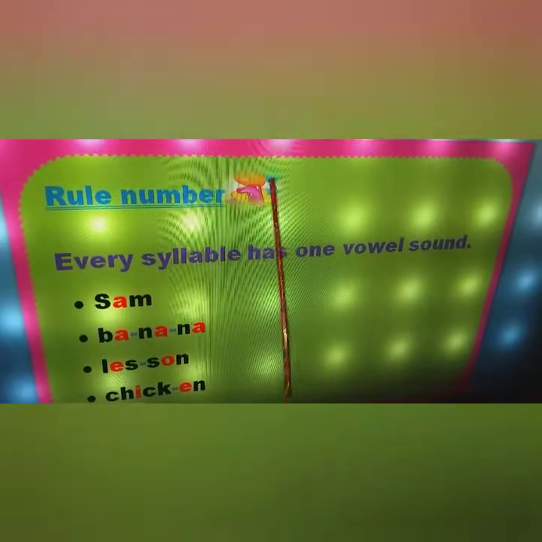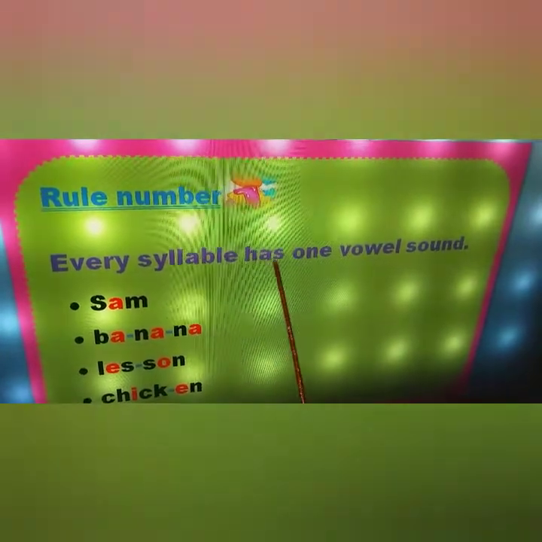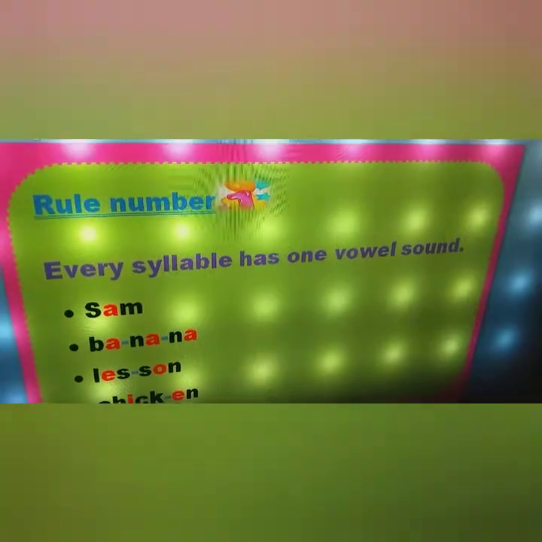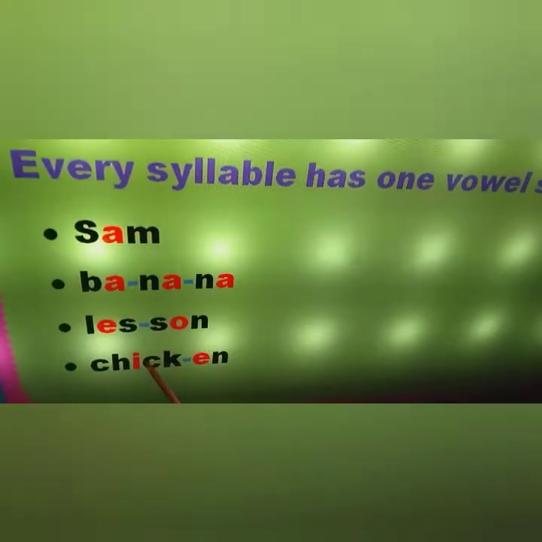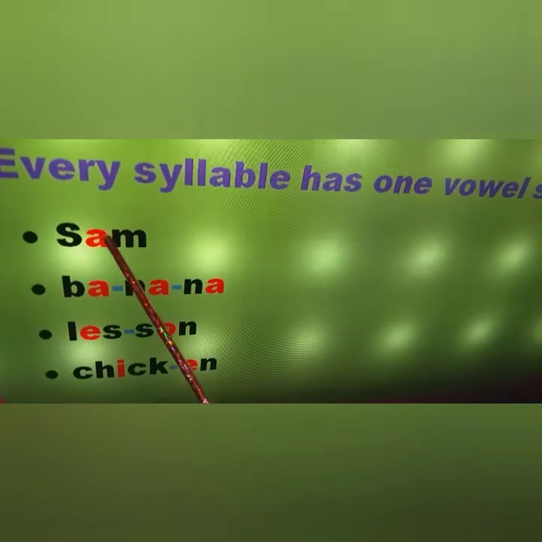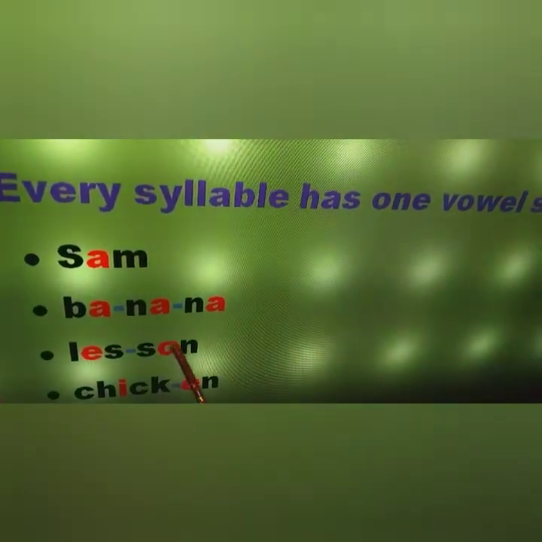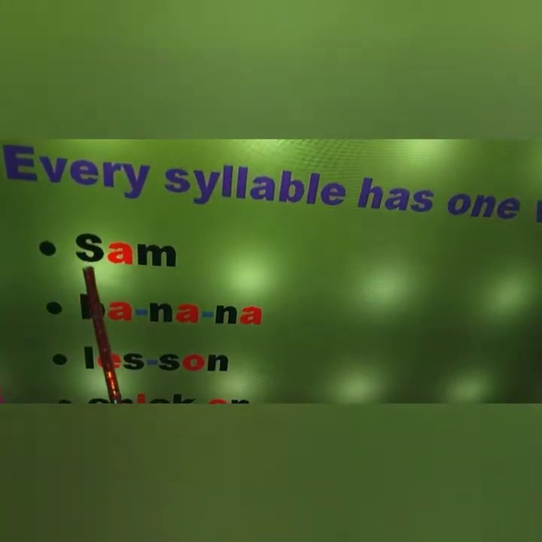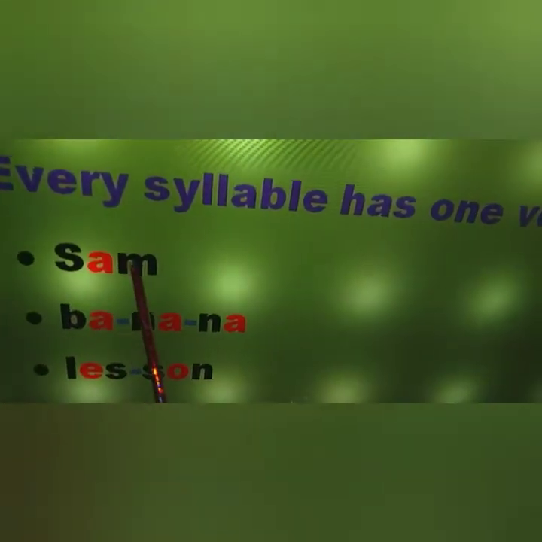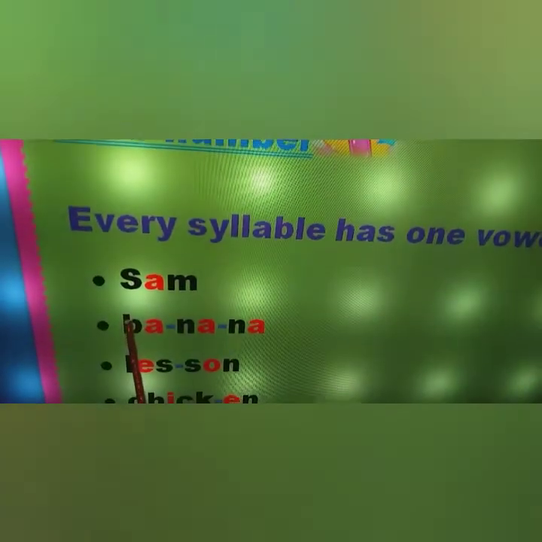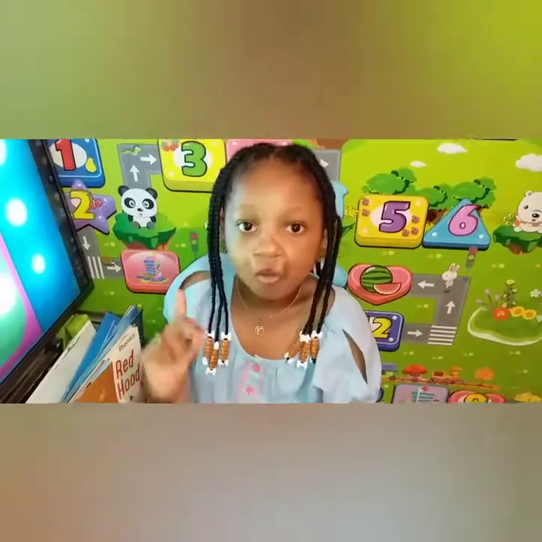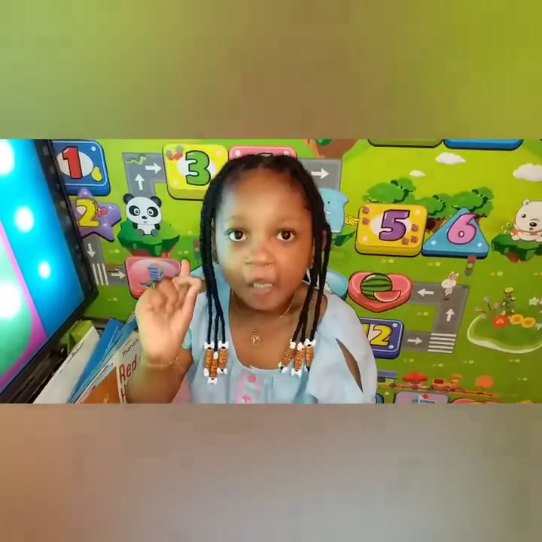Rule number 1. Every syllable has one vowel sound. In these words, the letters in red are vowels. Example 1. Sun. The word "sun" has one vowel. Example 2.